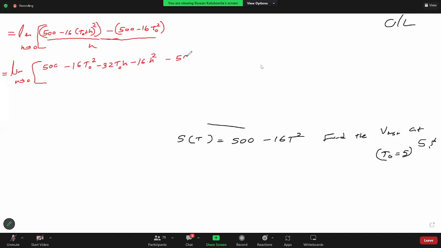Here negative 15 plus 16 h. Then here you have h and 16 as the common factors.